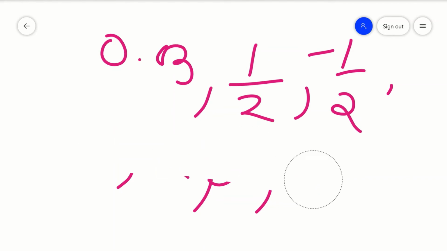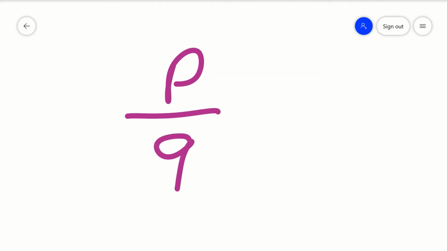Generally, it is defined that it can be represented in the form of P by Q, P by Q where Q is not equal to 0.